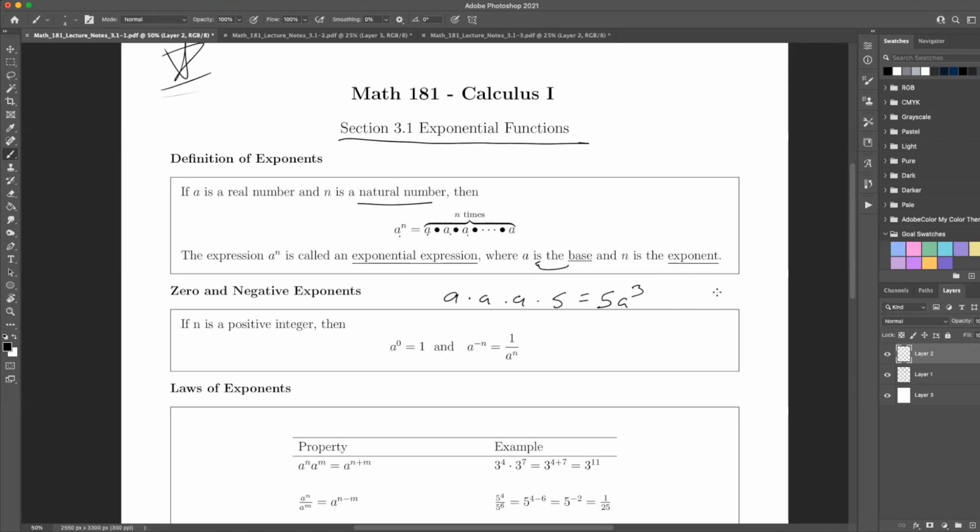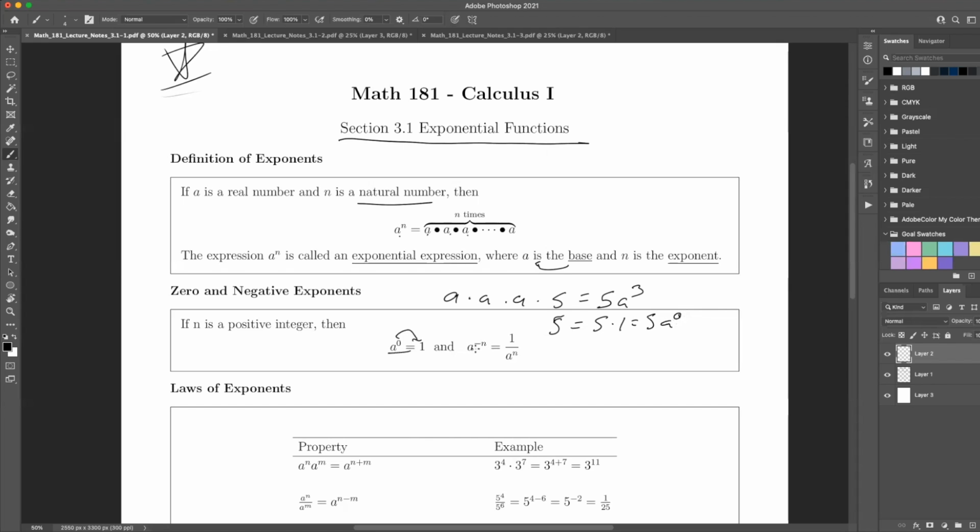But if I have 5 and I want to write it with a to the 0, I want 5 times 1, because 1 is the multiplicative identity element. That's a fancy math term; it means it doesn't change anything of 5. So 5 times a to the 0 is 5 times 1, and that's why a to the 0 is 1. Do you really need to know that? Not really. Just remember a to the 0 equals 1. Anything to the 0 equals 1.